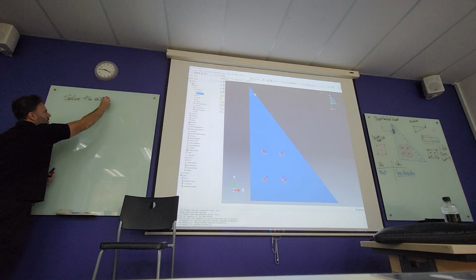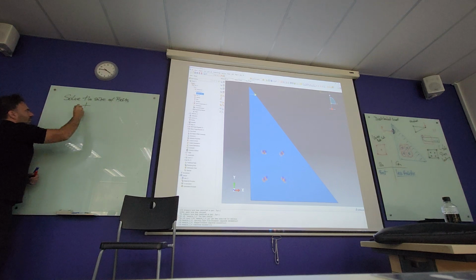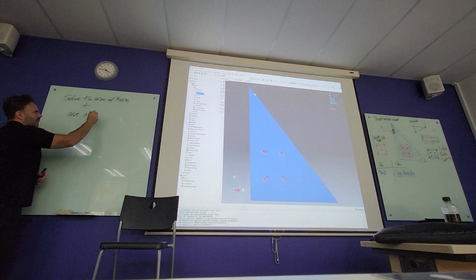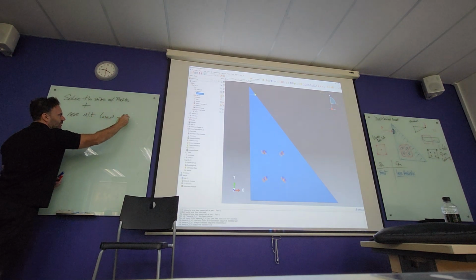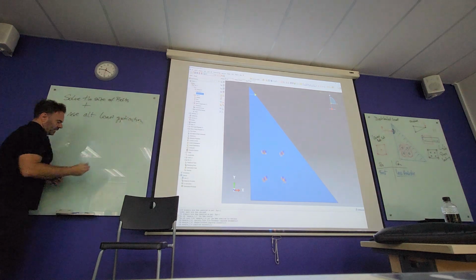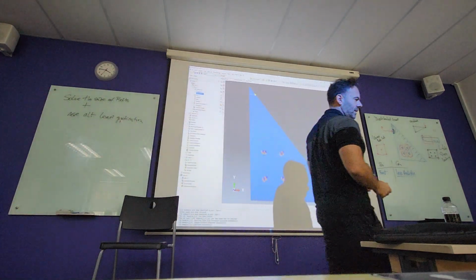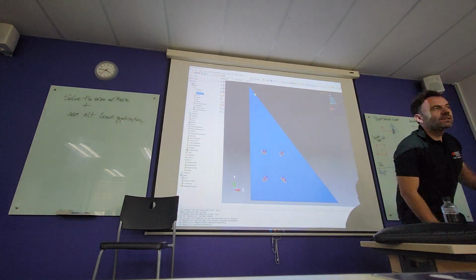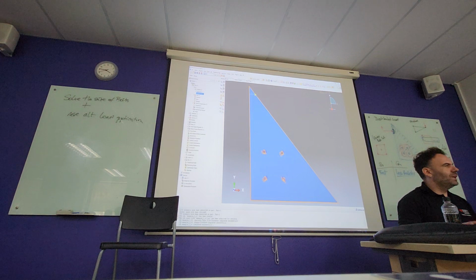Solve the size of the bolts. Use alternative load application. Let's do that. Probably we can finish this in the next 15 minutes. And then we've got one more example and we are done for today.